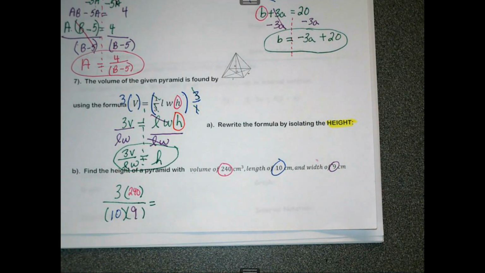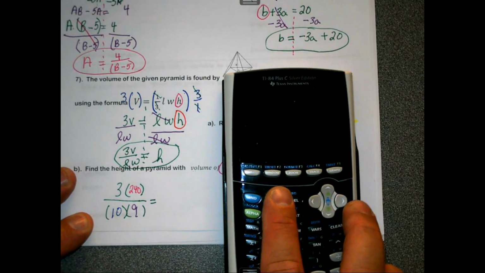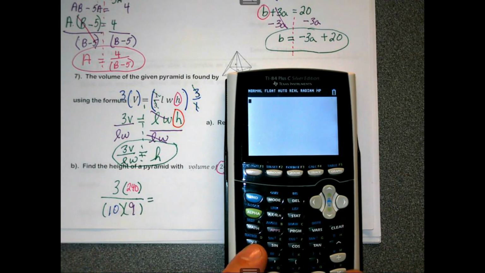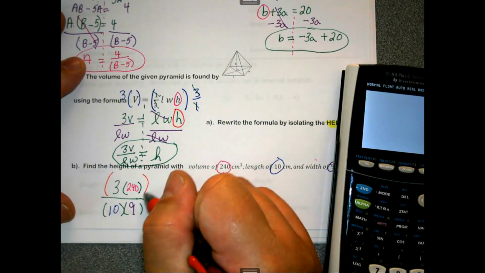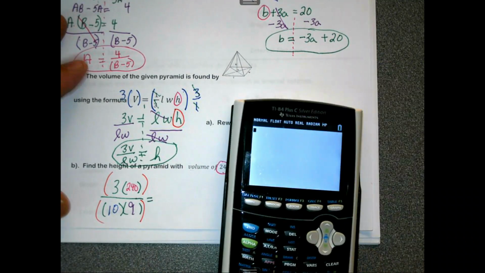And plug that all into my handy dandy calculator. I can't find my calculator. This gets heavily dependent on a calculator. Oh, by the way, when you plug this into your calculator, you have to put the numerator and the denominator each in its own parentheses.